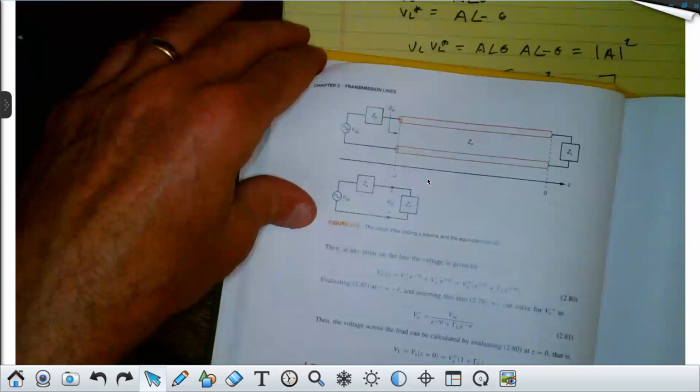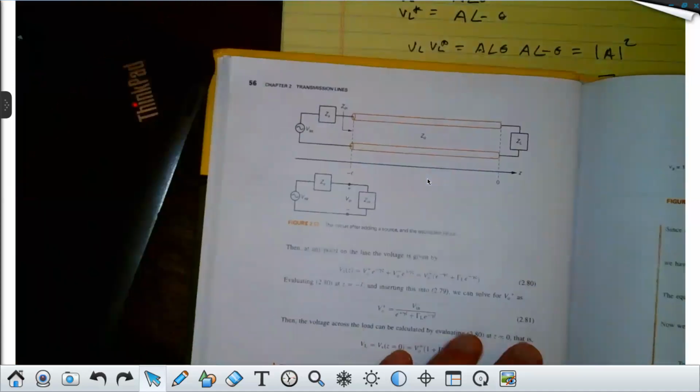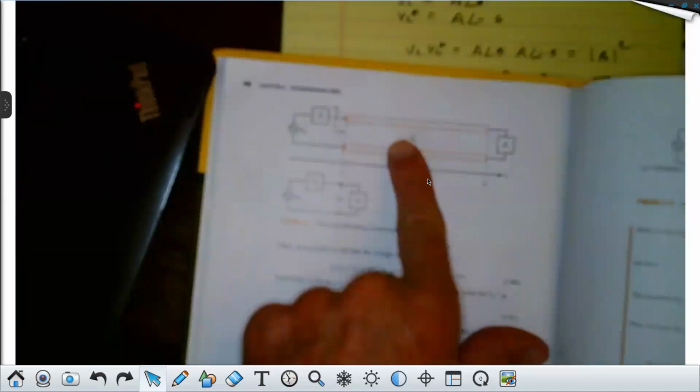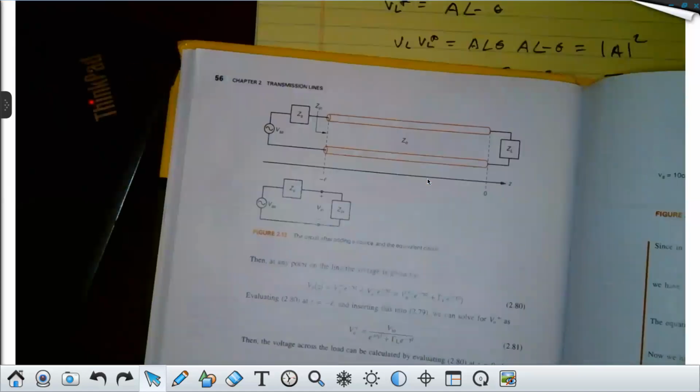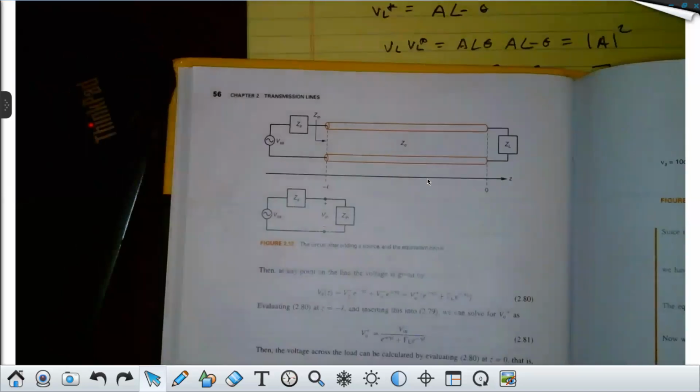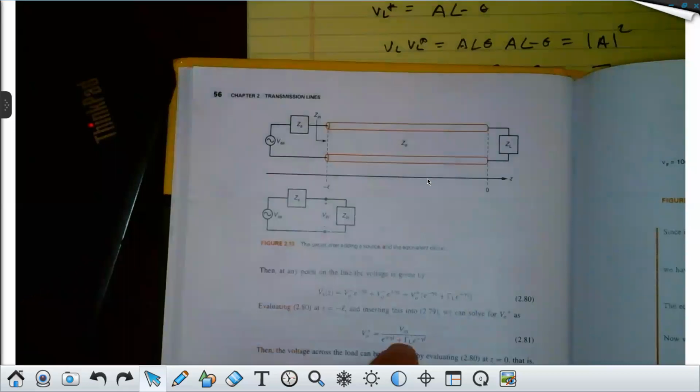Right here, I've got an input impedance. I've got a load at 0. And in Whitworth's book, by the way, he used the lossy form of the voltage on the transmission line.